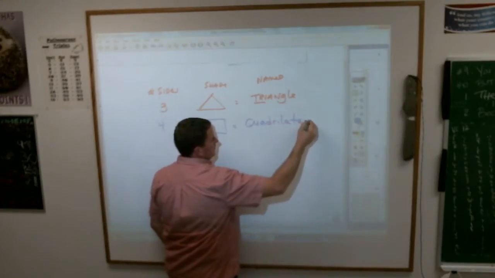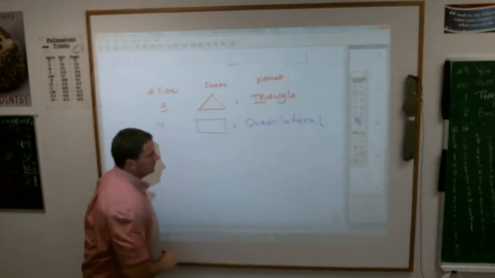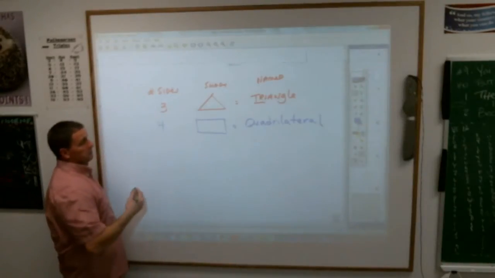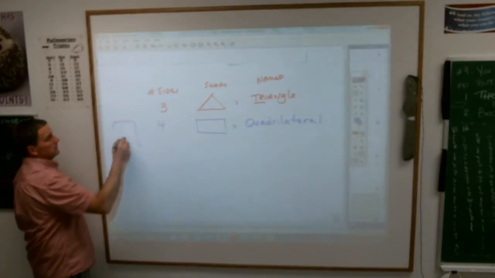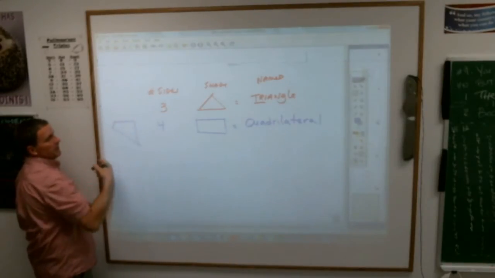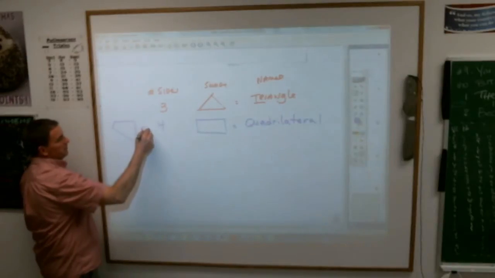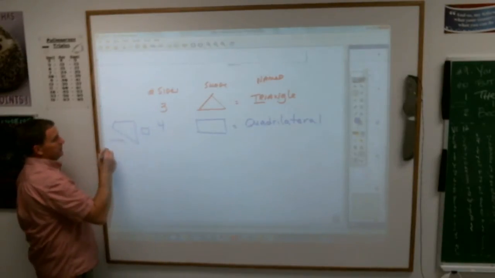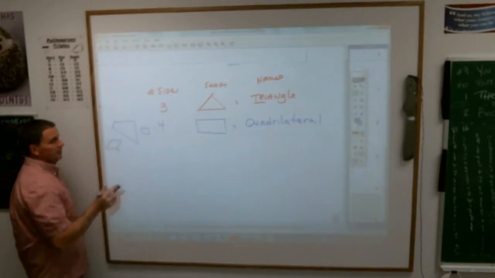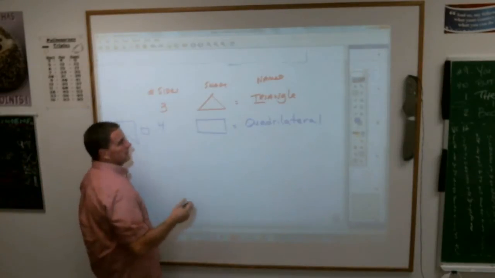Your four-sided shape just has to have four sides. You could draw one that looks like this. As long as it has four sides, it could be a square, that would be okay. It could be this kite-looking shape, it could be a rhombus, a parallelogram. If it has four sides, it's a quadrilateral.